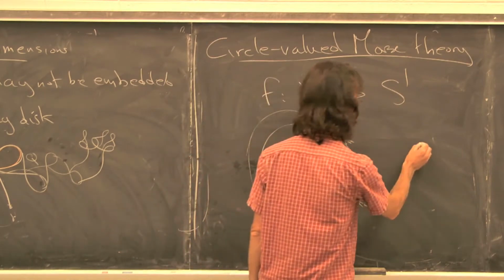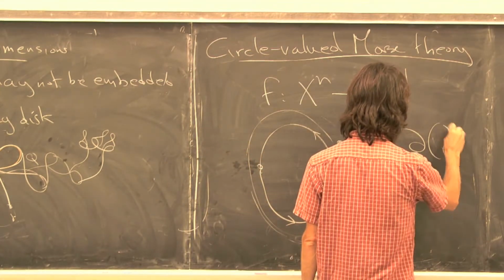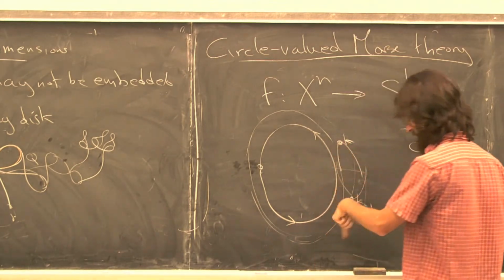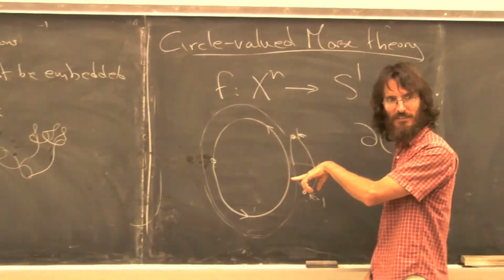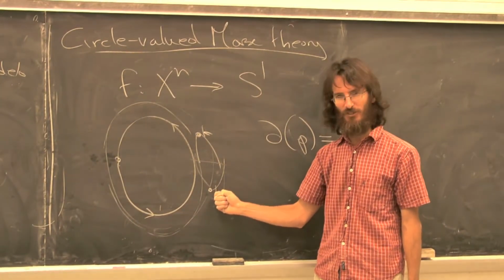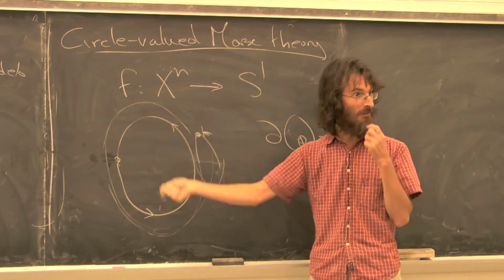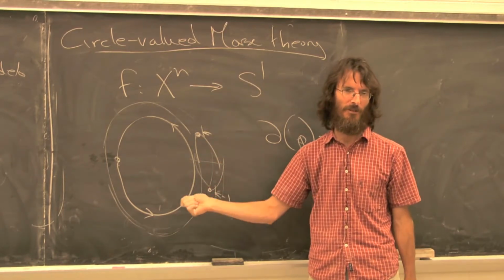But what about the boundary now? Well, now the subtlety is that the boundary of critical point P could in some sense be infinite, right? It's going to be the sum over all critical points of index k minus 1 times the number of flow lines. But there could be infinitely many flow lines in principle going around.